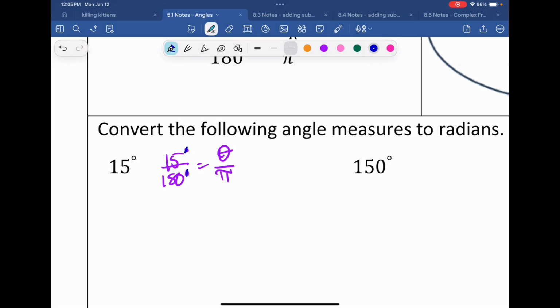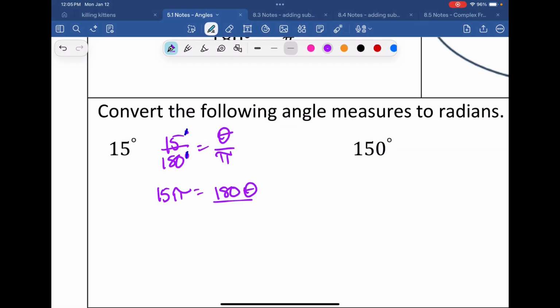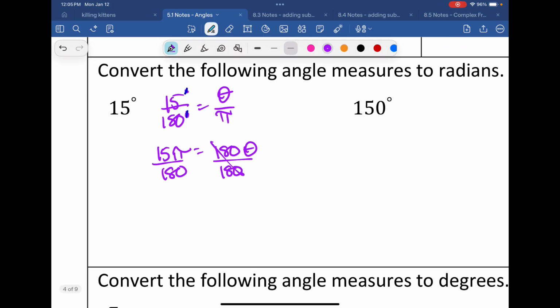And you would cross multiply, and then divide by 180. Now, if you're not sure about this, you can do that part in your calculator. Just don't put the pi in.